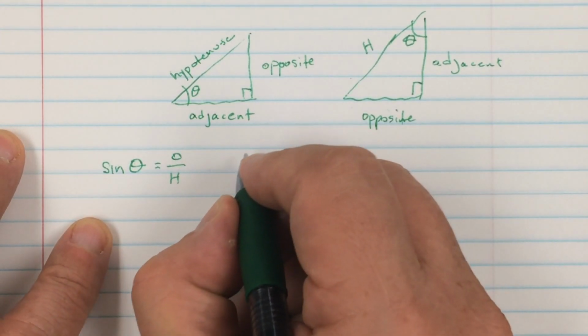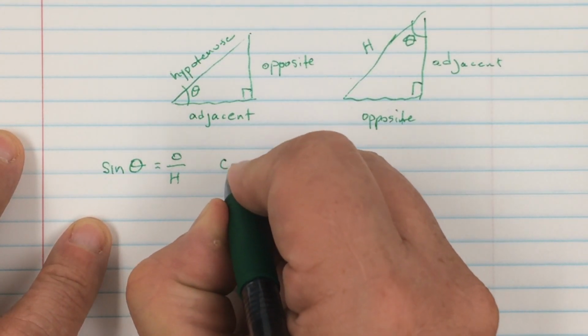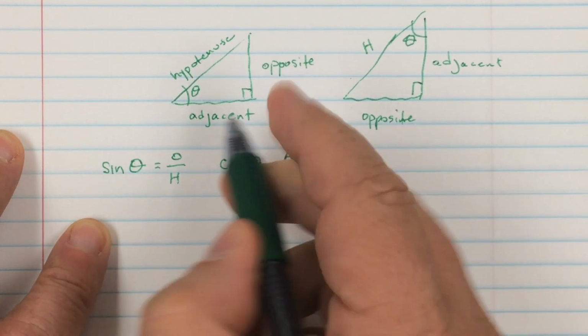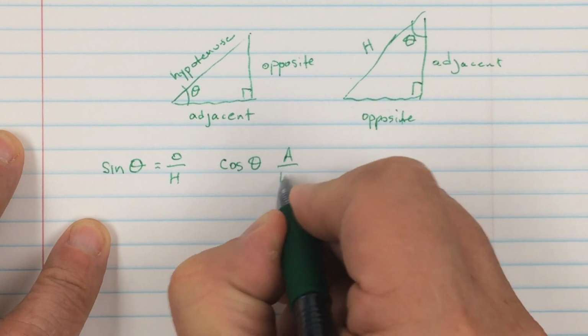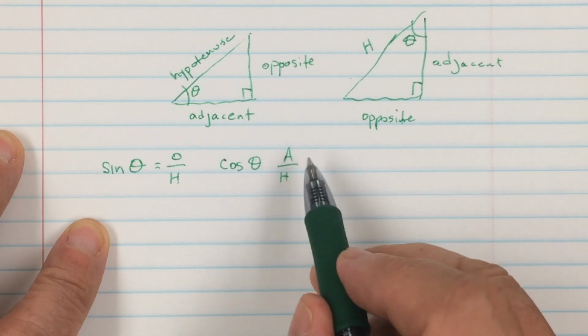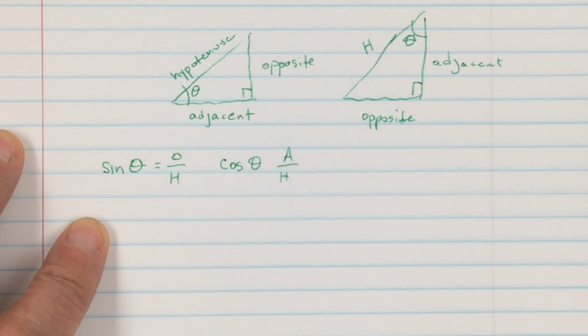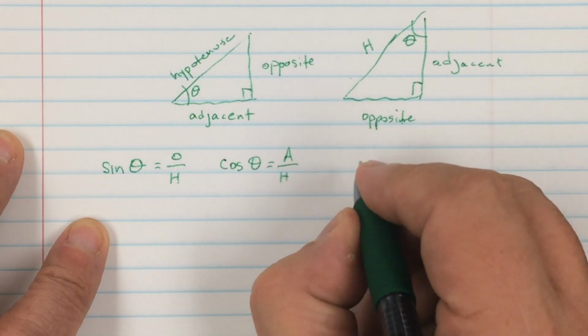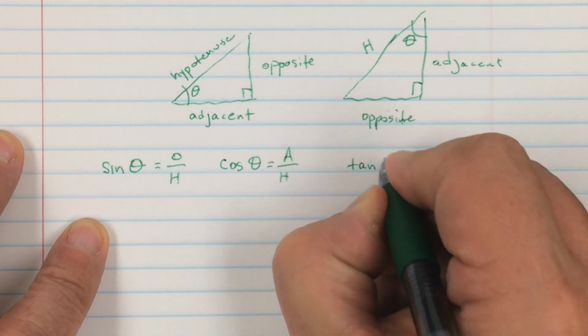Okay? So a different one we're going to call the cosine. The cosine of theta is going to be the adjacent divided by the hypotenuse. So this length divided by this length is always going to be a fraction, and that fraction has a special name. We call it the cosine of theta. And then the last one that we're going to look at is the tangent of theta.